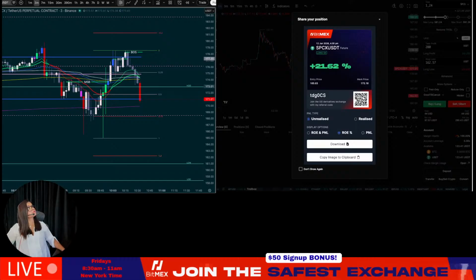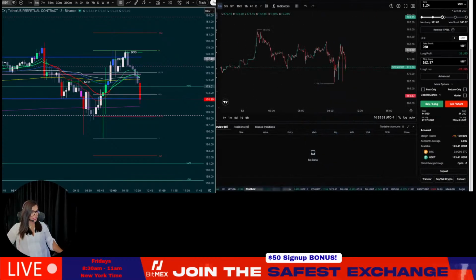Okay. Realized. Unrealized. All right, guys, out. We're out of this trade. For now, it is diddling in the middle. I got a 2R on it, and that is enough.